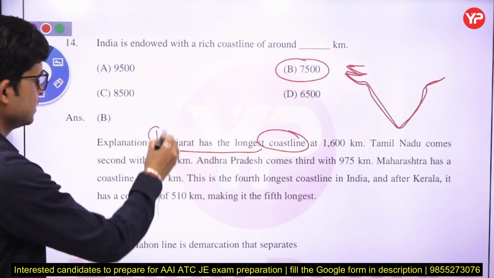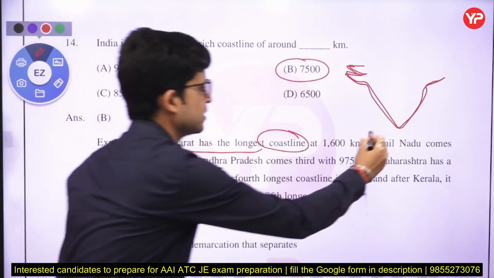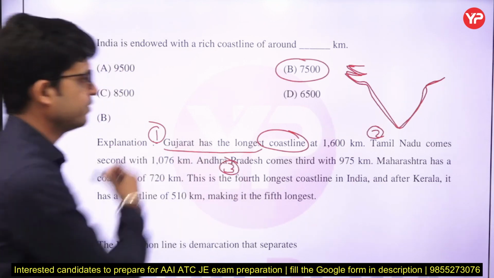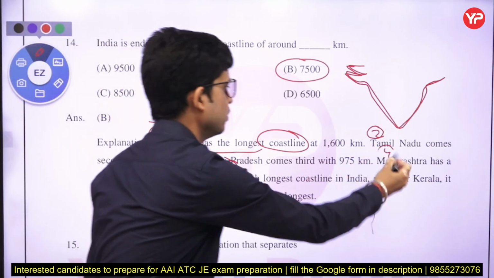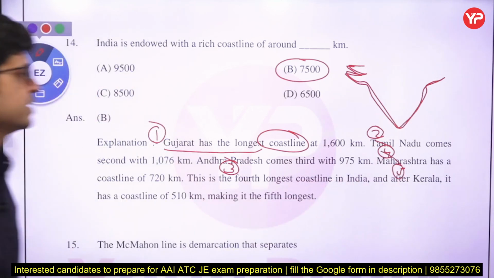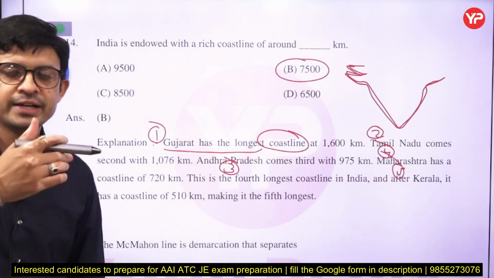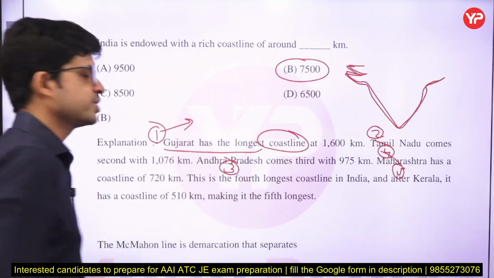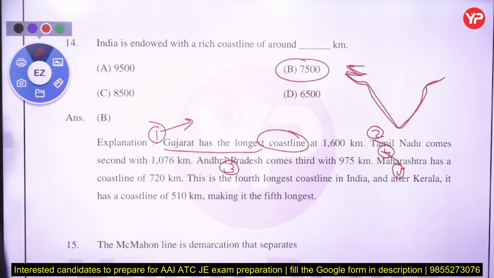First Gujarat, second Tamil Nadu, after that Andhra Pradesh, after that Maharashtra, fourth, and after that Kerala. So these are the top 5 states which have a very long coastline touching the Indian Ocean. So this type of question is very important. Sometimes a question may arise, which state has the longest coastline? So Gujarat has the longest coastline.